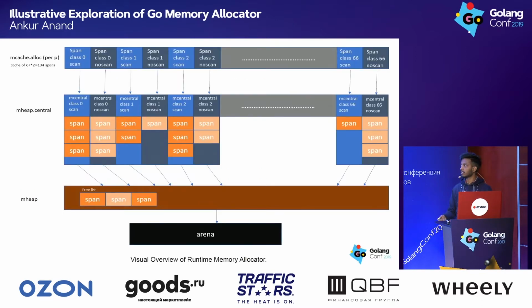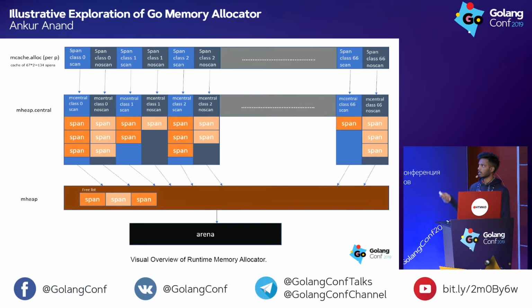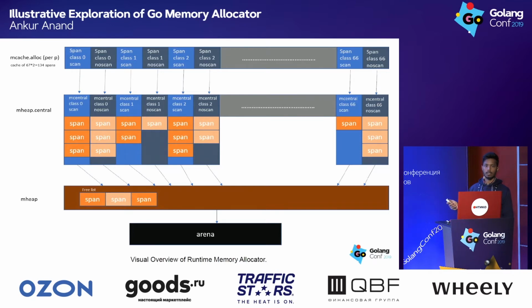So here is a general summary of the entire overview of Go runtime allocation. You have a span at the top level, and for each P, you have a total of 134 spans, one for each size class. Each size class is like 0, 8, 16 and so on.